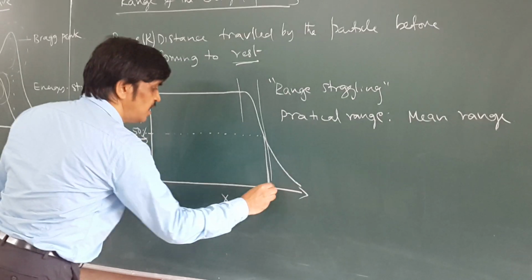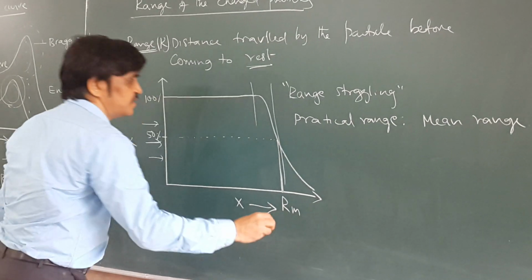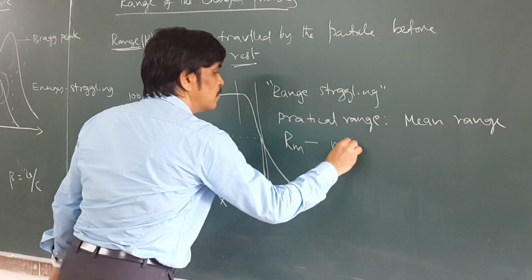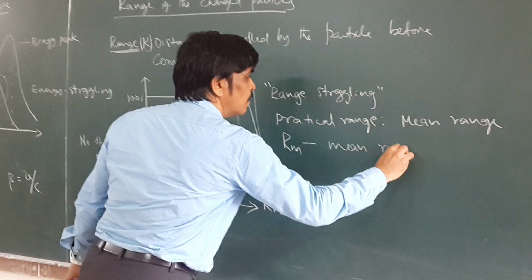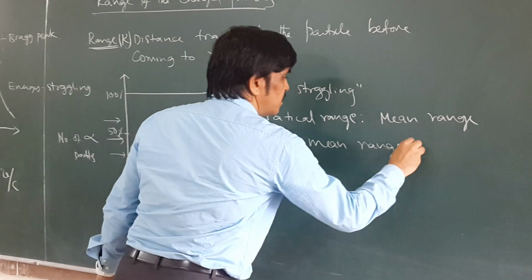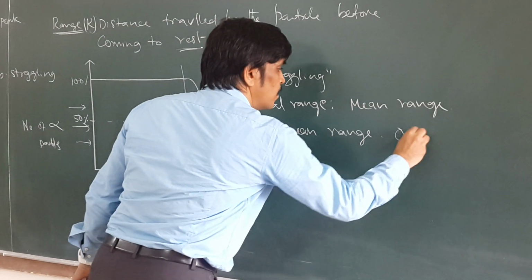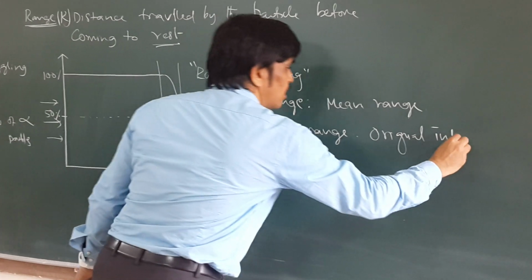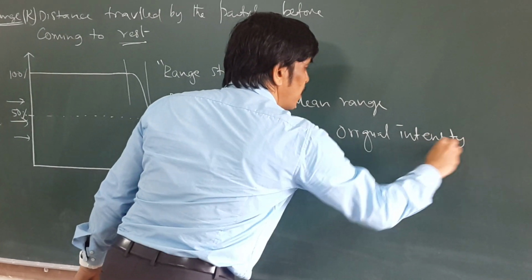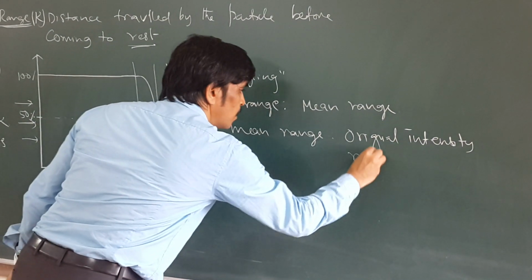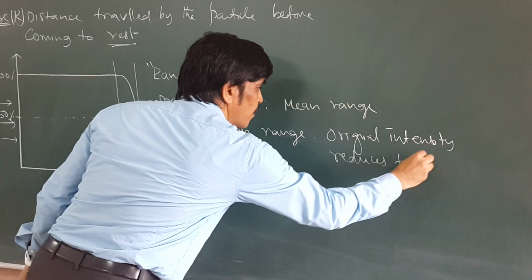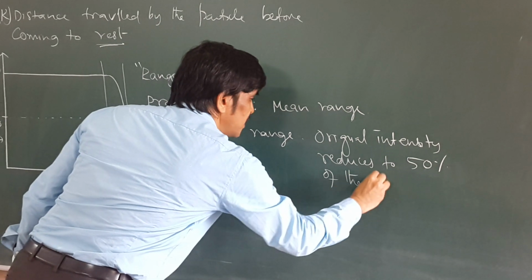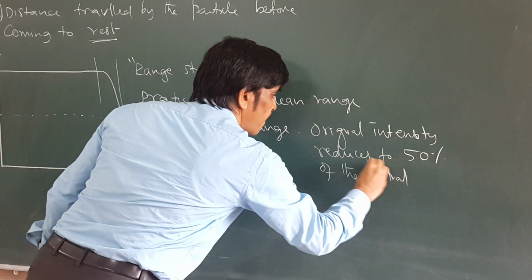So this is the mean range, where the original intensity reduces to 50% of the initial value.